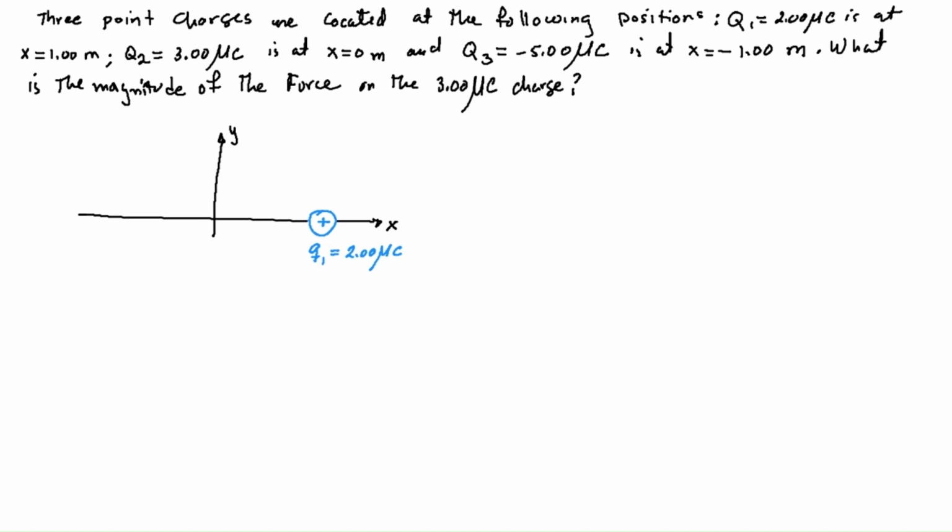We have the charge q sub 2, which is another positive charge that will be exactly at the origin, and q sub 2 is 3.00 microcoulombs.